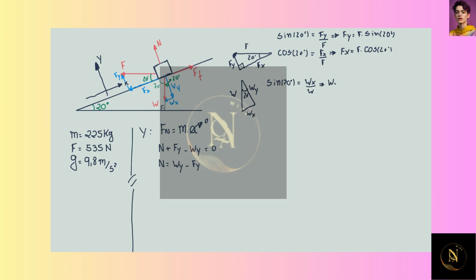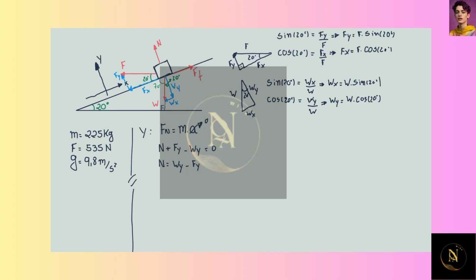Therefore, the weight component x is given by the weight times the sine of 20 degrees. By using the cosine, we can calculate the y component. The cosine is the adjacent side divided by the hypotenuse. Therefore, the weight y component is given by W times the cosine of 20 degrees.